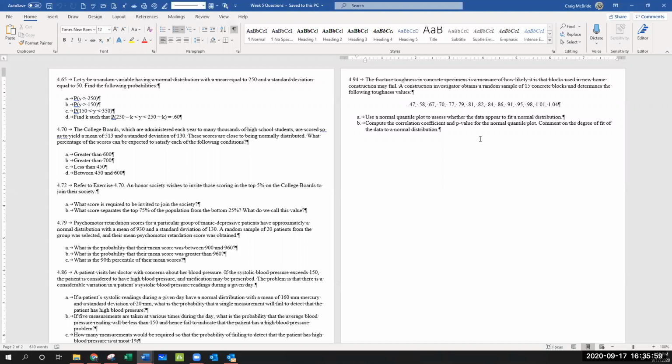But when we do QQ plots, you're always getting a positive correlation. And so you're really just looking for that test statistic to get as close as possible to 1, right? The closer it gets to 1, the better it fits. And then the p-value tells you how statistically significant it is.